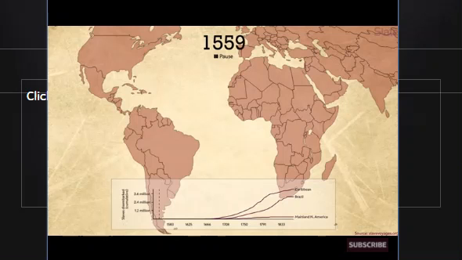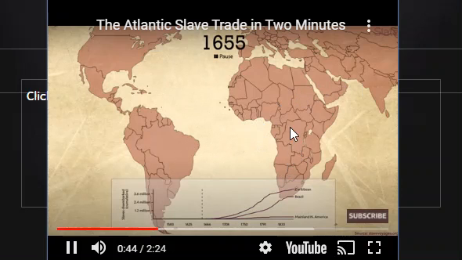So notice it's starting in 1550s and you don't really see a lot of anything. Wait till you see, oh, did you see that right there? That's what you're going to be looking for, the dots. Each dot represents a slave ship. Notice the amount of ships coming from right over here.